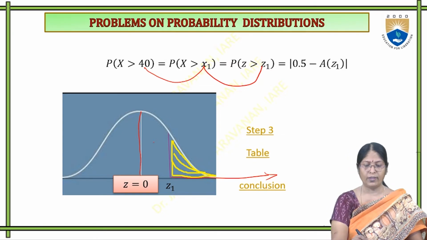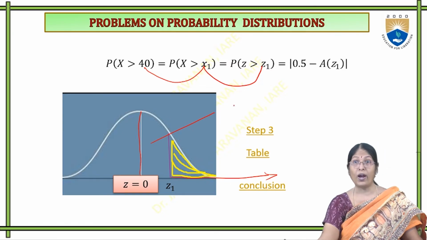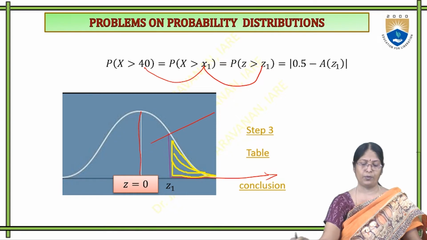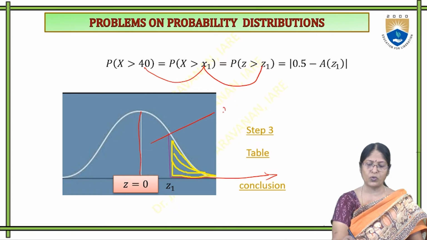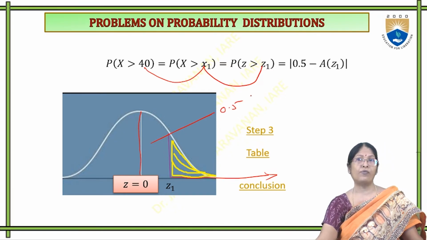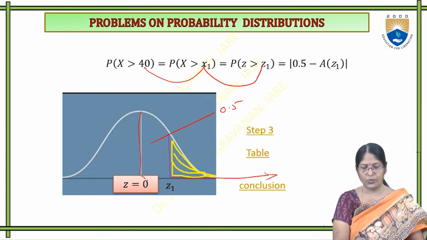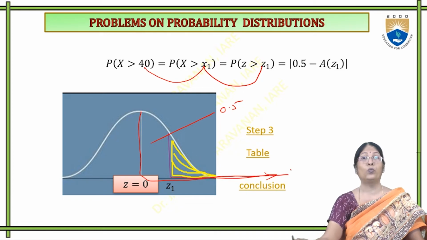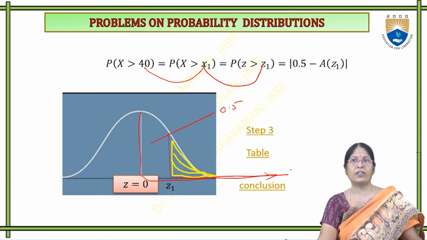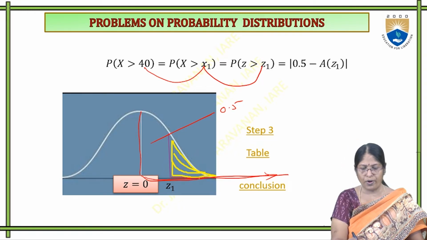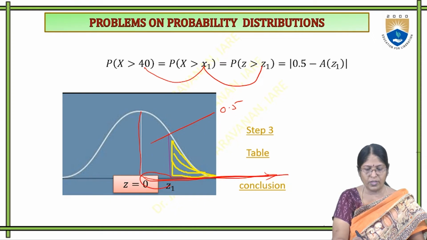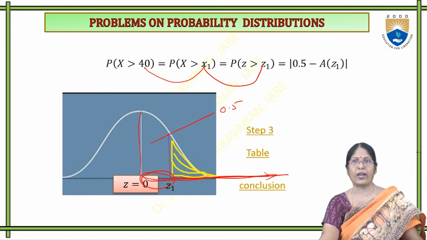So since it divides equally, this area is 0.5. From 0 going on, whatever it is, the area is 0.5. But we want the shaded part area, so from the 0.5 we can subtract this data.